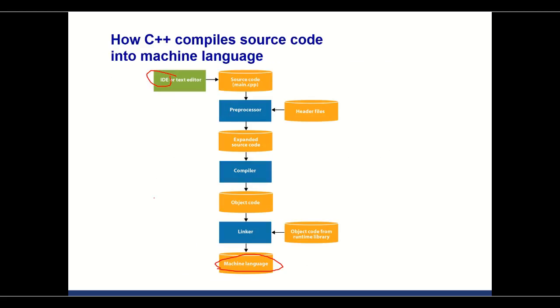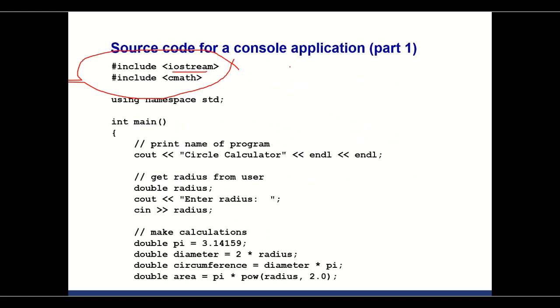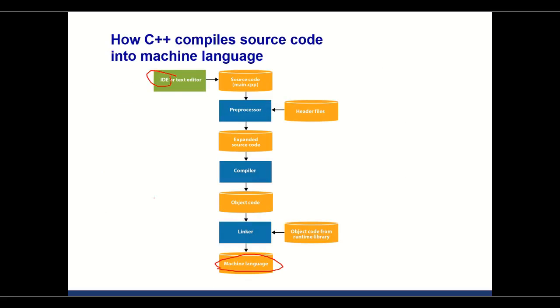The preprocessor combines your source code, like this main function, with the code inside the header files. That is the function of the preprocessor, and this results in a temporary file of expanded source code. You don't see it, but the preprocessor does that job for you.